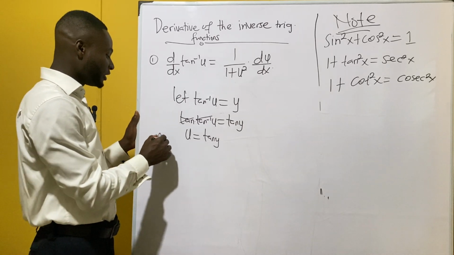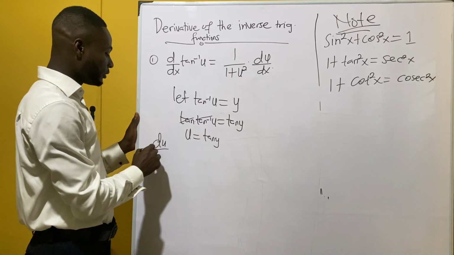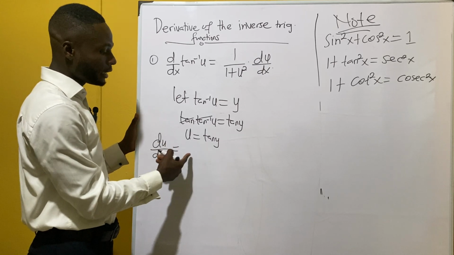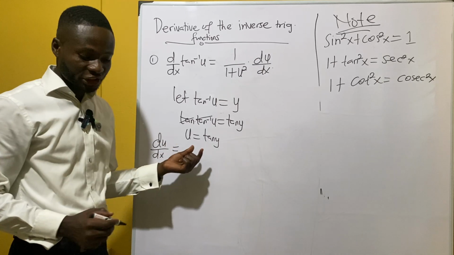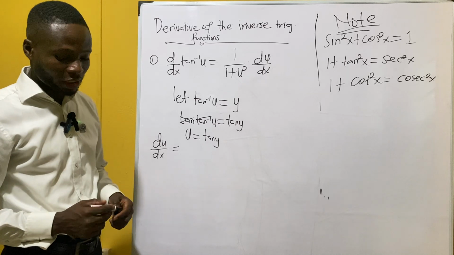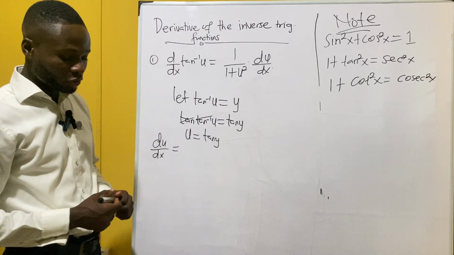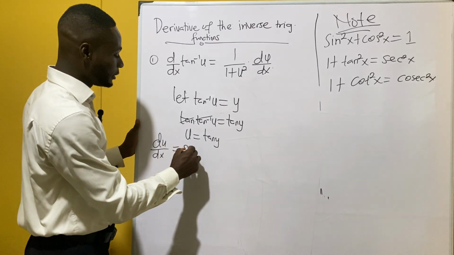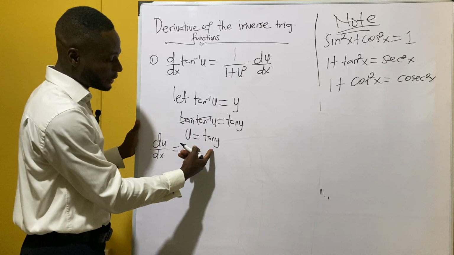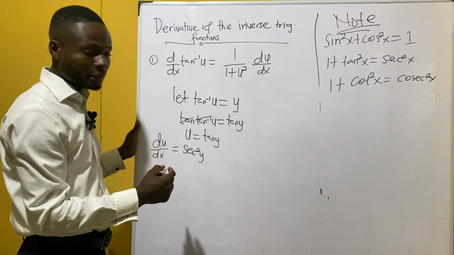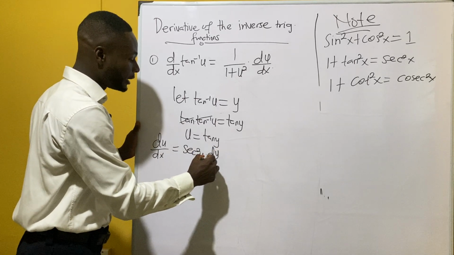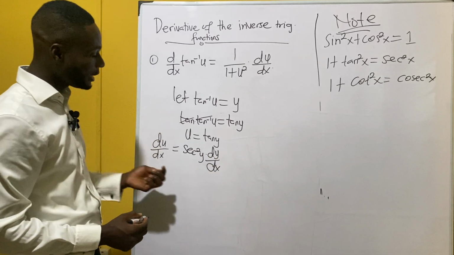So we differentiate this, and that will be du over dx, and that should be equal to the differential of tan, right? You know that when you differentiate tan, you are going to have sec squared. Now it is y, so sec squared y. Then the differential of the inner, and that is what we have here.